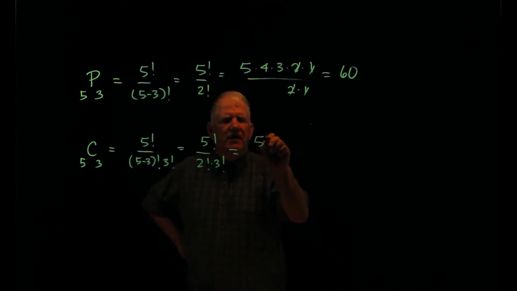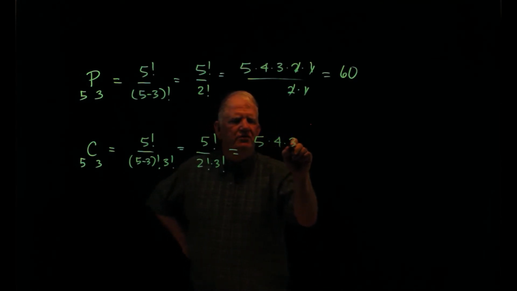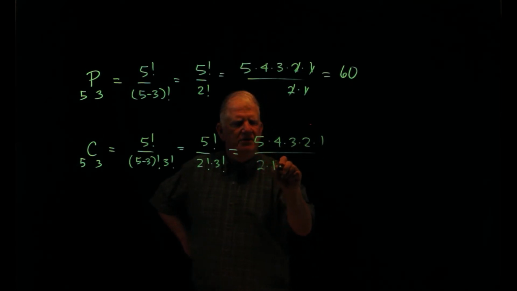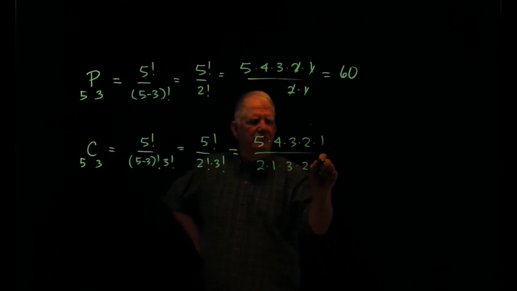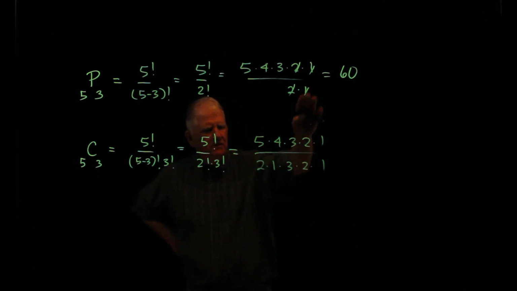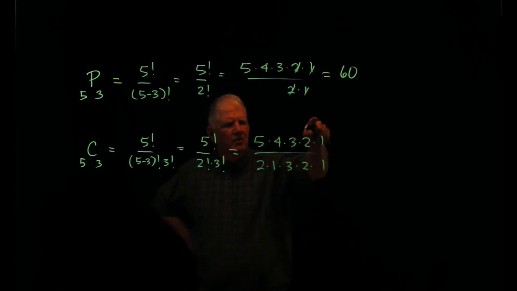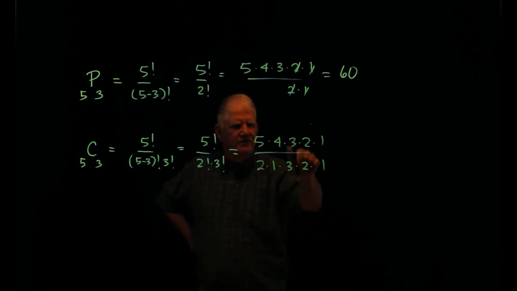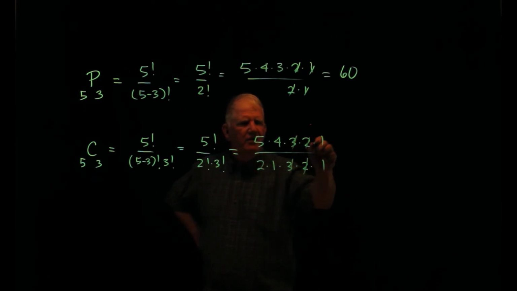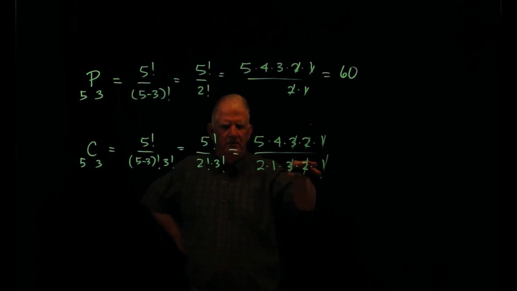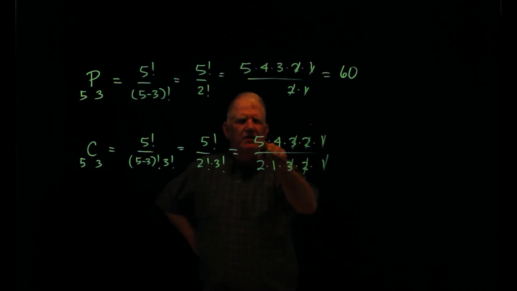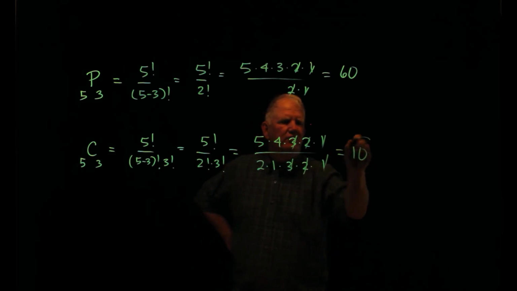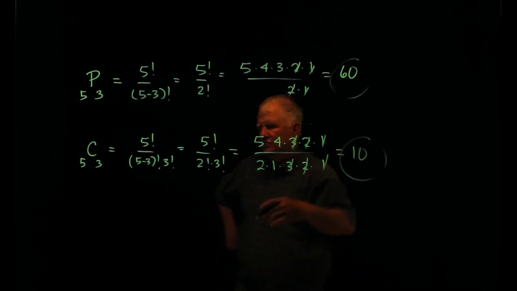So this is 5 times 4 times 3 times 2 times 1 divided by 2 times 1 times 3 times 2 times 1. Okay, so look at that. I've got 1 over 1, 2 over 2, 3 over 3. That's 3 factorial, that's 3 factorial. That all turns into 1. All right, so now I'm left with 5 times 4, 20 divided by 2. I'm left with 10, and there's the 2 answers to this problem.